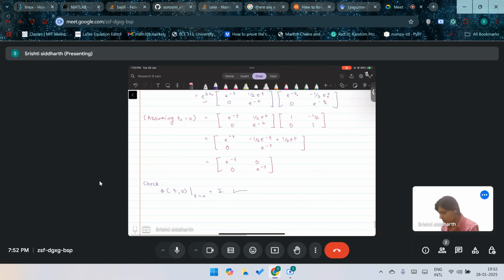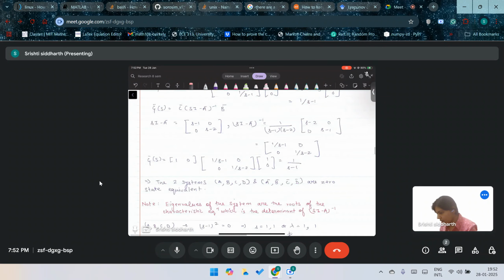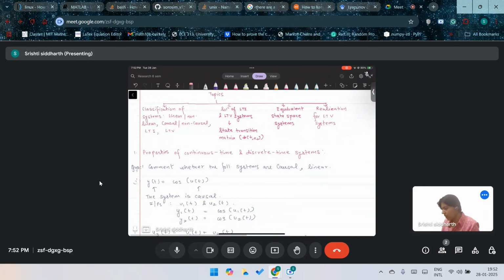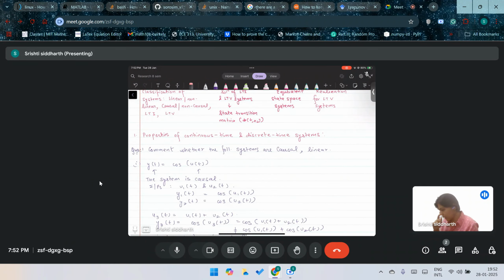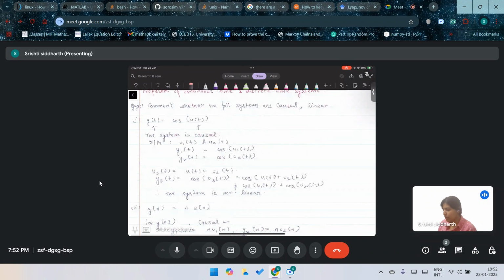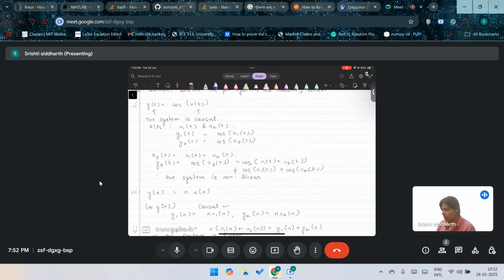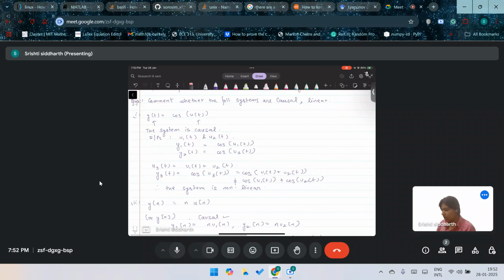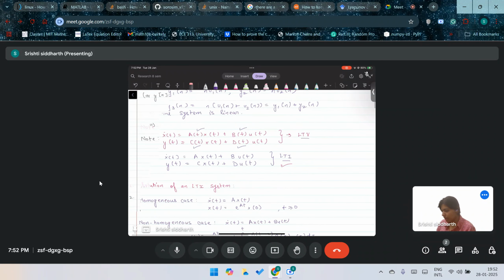Let's just look at what we have done. Okay. So we first looked at the properties of the continuous time and discrete time systems. So we looked at two examples in which we saw how to characterize a system as causal or non-causal and linear or non-linear.